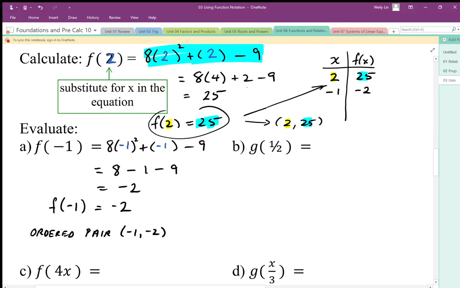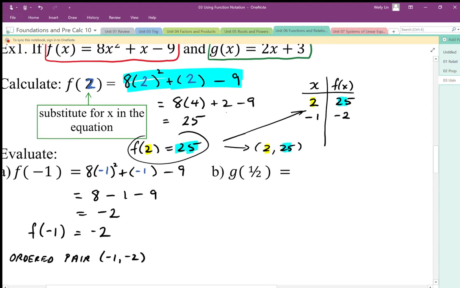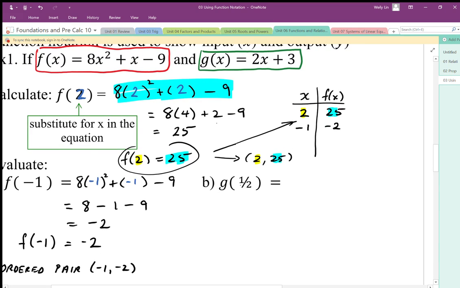So the first part we learned was that the function notation allows us to differentiate f and g. So g is a different function. When I say g of 1/2, this is how we read it: g of 1/2 means I input 1/2 into the g function. So I start with the g function, 2 times x plus 3. The 1/2 means I input the 1/2 into this function.